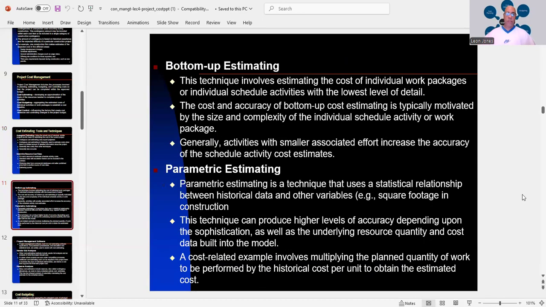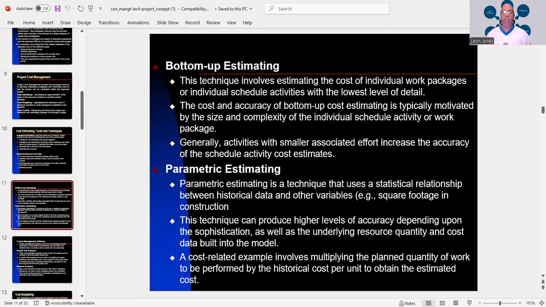Okay, moving on. We have bottom-up estimating. Basically, this is a technique that involves estimating the cost of individual work packages or individual schedule activities with the lowest level of detail. The cost and accuracy of bottom-up cost estimating is typically motivated by the size and complexity of the individual schedule activity or work package.